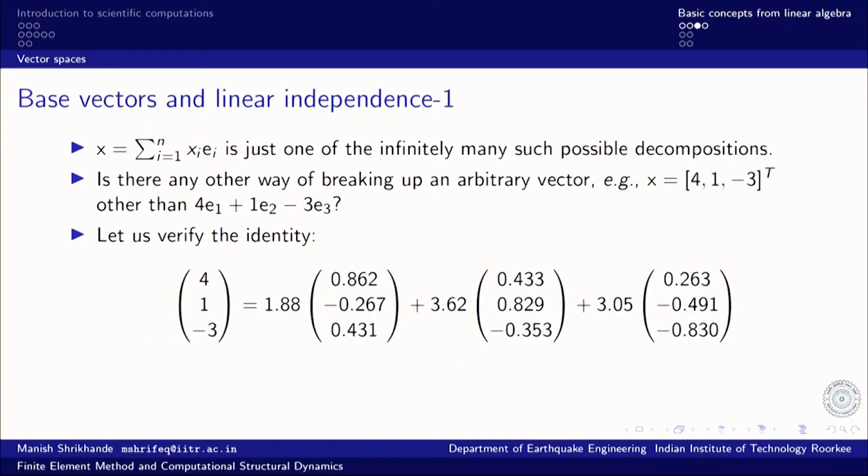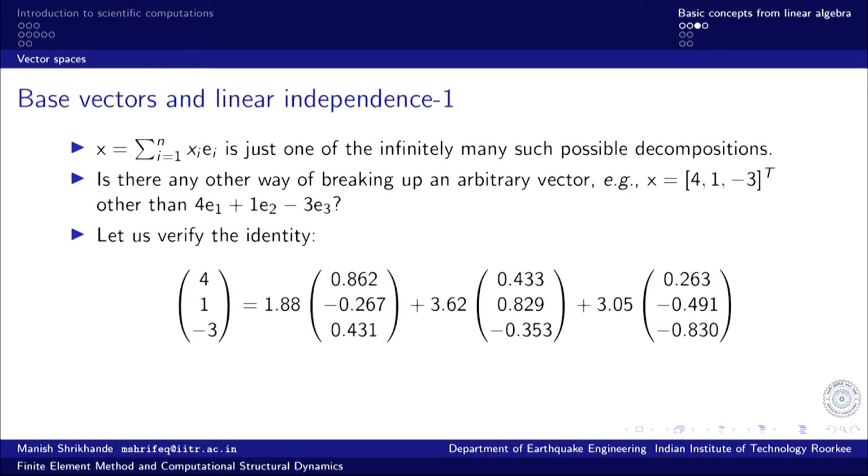So, what does this mean? It means that these vectors that we see here, this vector, this vector and this vector, together these three also constitute a set of base vectors.